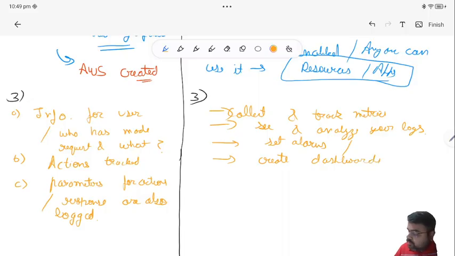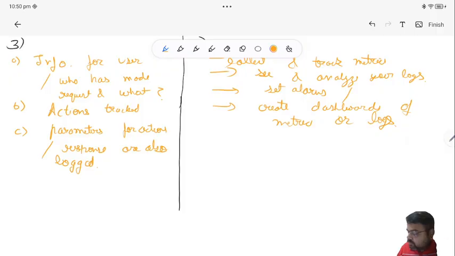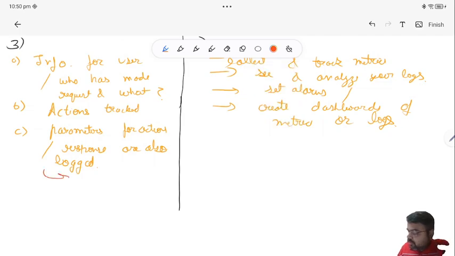So the question is, where are the CloudTrail logs stored? This information is either in the S3 bucket or in the CloudWatch log groups. Some storage is definitely required.